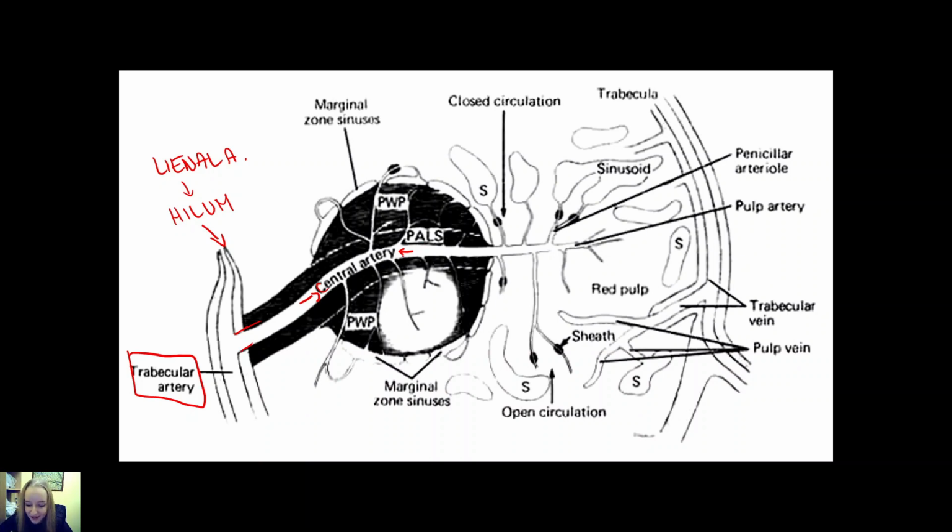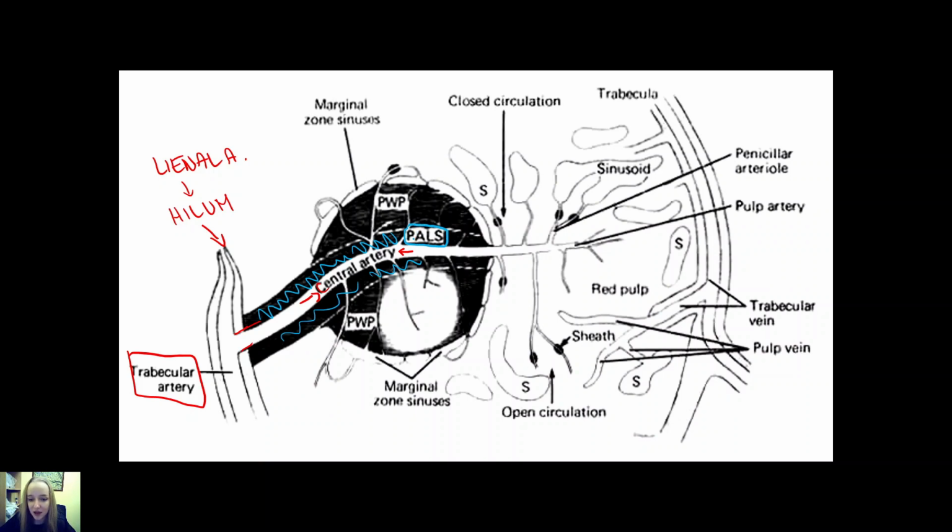White pulp has many, I shouldn't say layers, but components, because right next to the central artery we can see some lymphatic tissue that is made of T lymphocytes, and it's called PALS, like pulse.